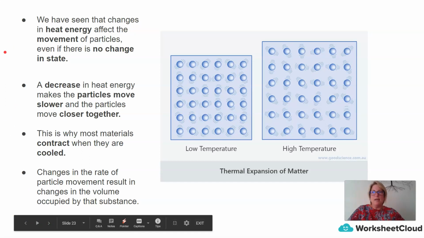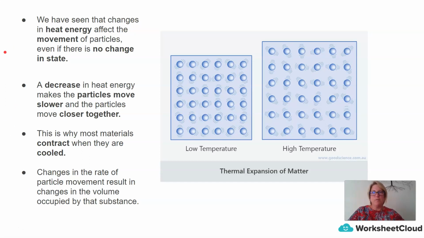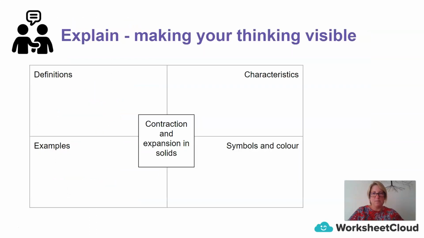And what happens if we have a decrease in heat energy? It makes the particles move slower and the particles move closer together. And this is why most materials contract when they are cooled. So the changes in the rate of particle movement result in changes in the volume occupied by that substance.